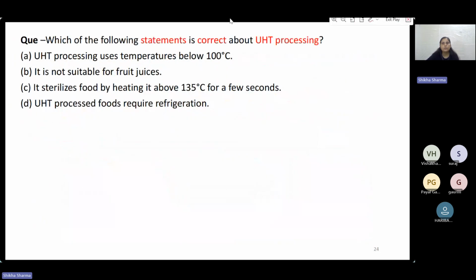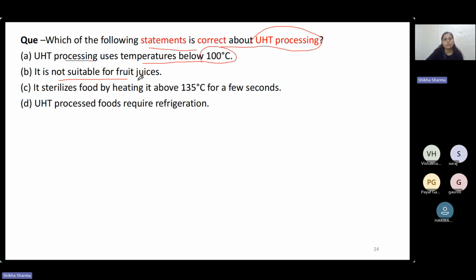Now let's move on to the UHT processing of milk. For UHT processing, not for milk in general. So which of the statements is correct about UHT processing? A: UHT processing basically uses temperature below 100 degrees Celsius.